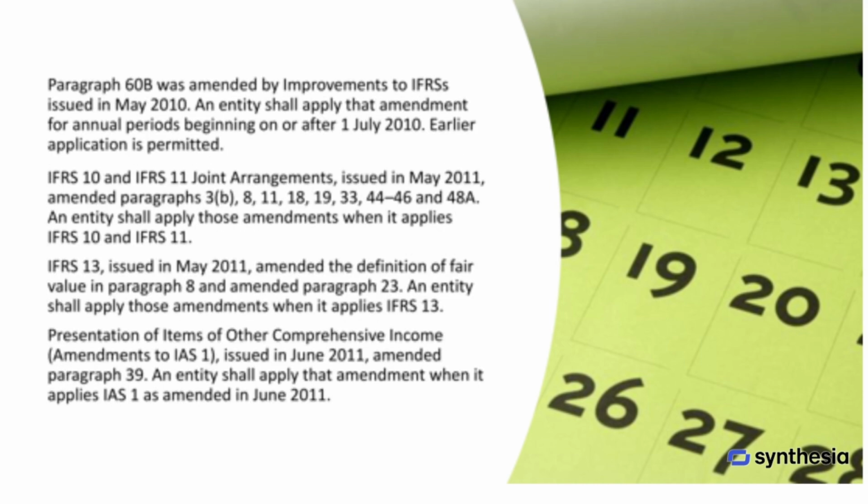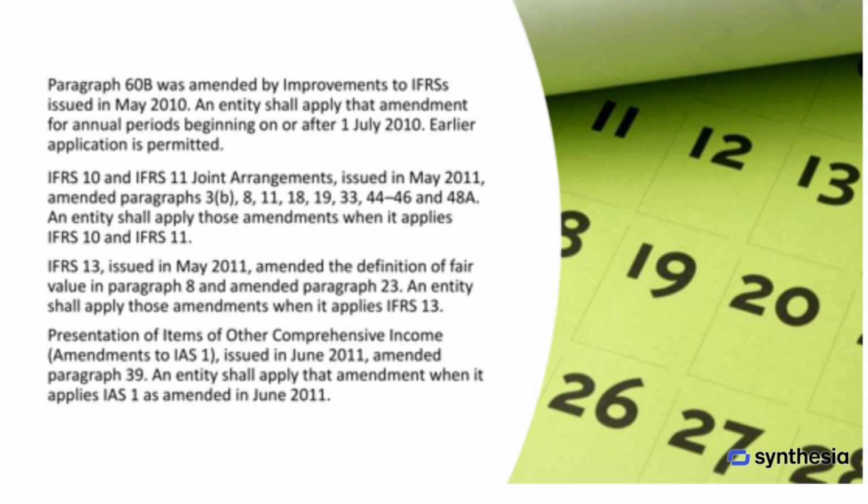Paragraph 60B was amended by the improvements to IFRSs issued in May 2010. An entity shall apply this amendment for annual periods beginning on or after July 1, 2010. Earlier application is permitted. IFRS 10 and IFRS 11 on joint arrangements, issued in May 2011, amended several paragraphs: 3B, 8, 11, 18, 19, 33, 44 to 46, and 48A. An entity shall apply those amendments when it applies IFRS 10 and IFRS 11.